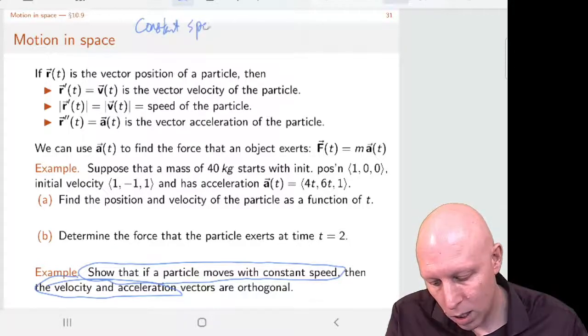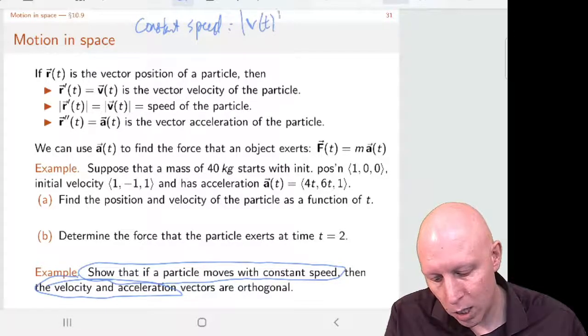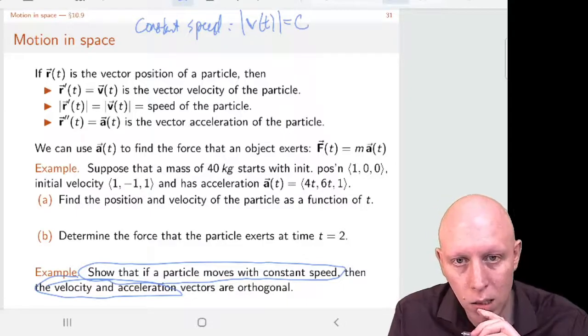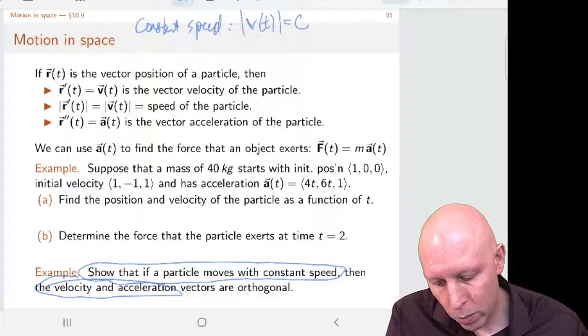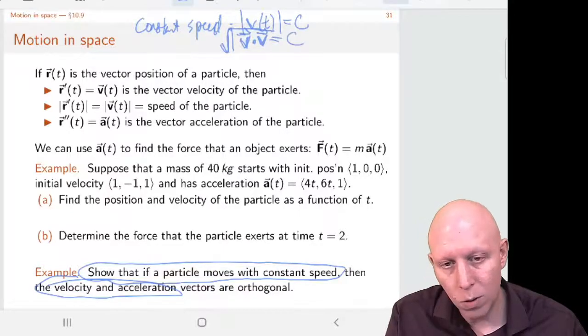Constant speed is saying the magnitude of the speed is constant. All right, so what's the magnitude of the speed? We can write down an equation for magnitude of speed. Right, magnitude of speed is the square root of v dot v, this dot product, is equal to c.